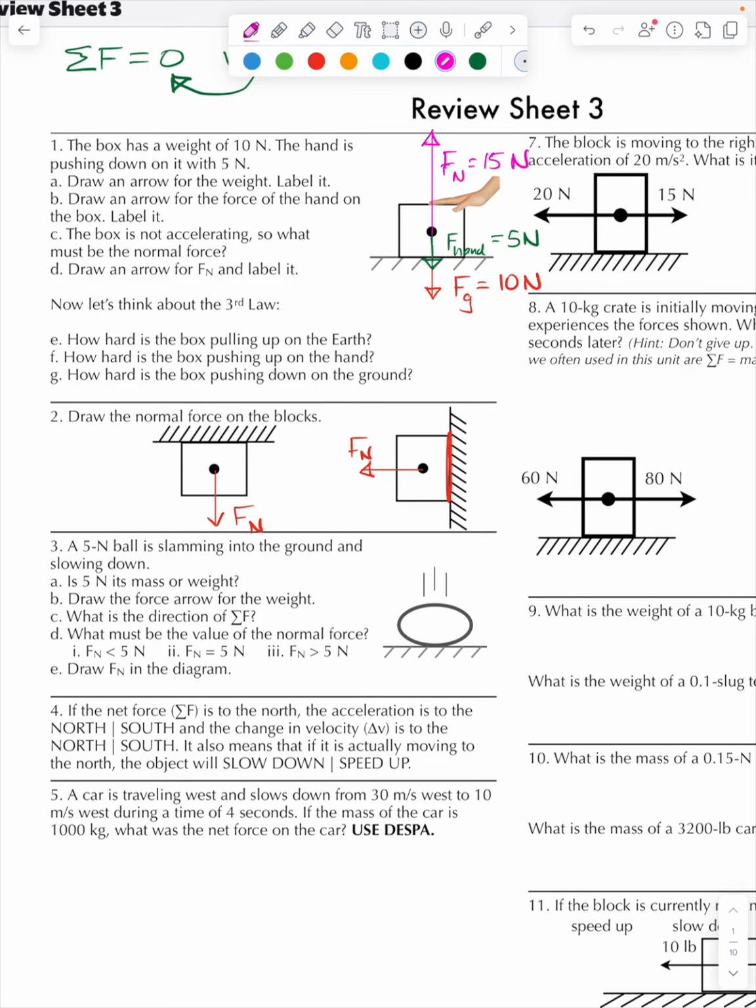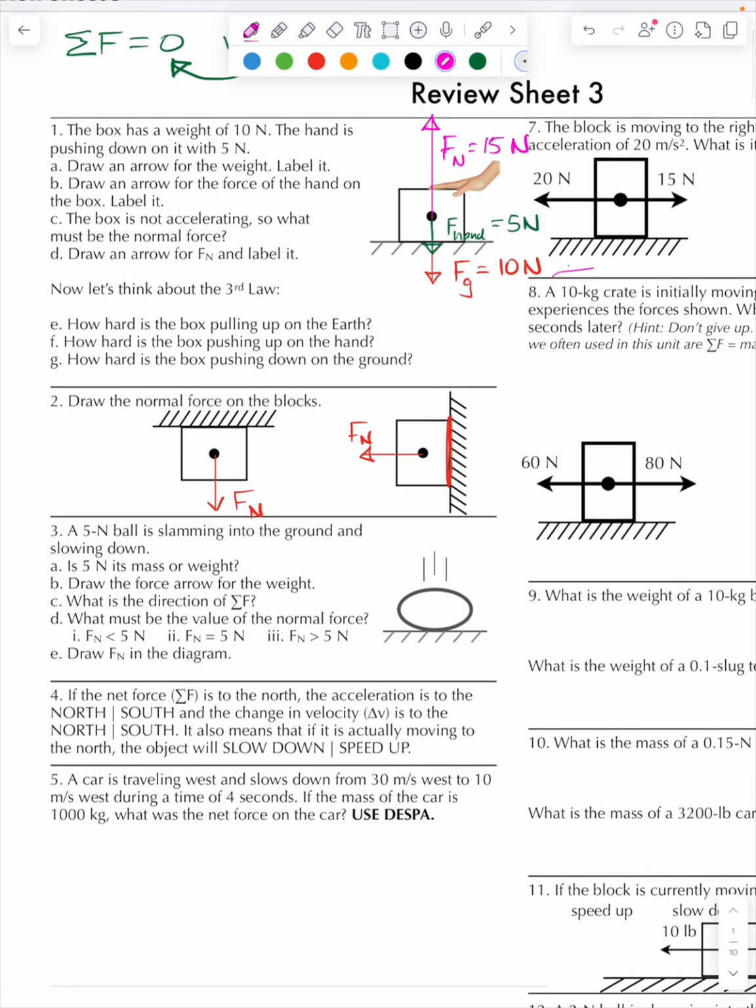Which one of those three forces I drew represents the force of the earth pulling down on the box? That one, right? 10 newtons. Those are a pair. How hard is the box pushing up on the hand? Well, if the hand is pushing down on the box with 5 newtons, how hard is the box pushing up on the hand? 5 newtons.